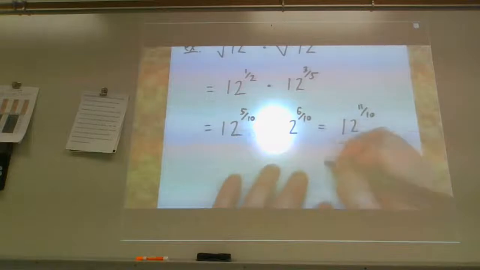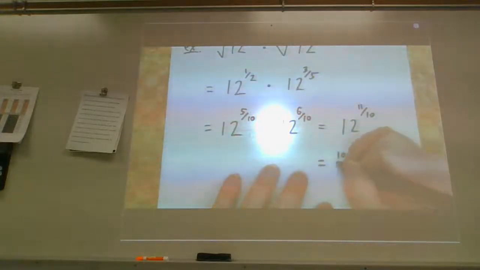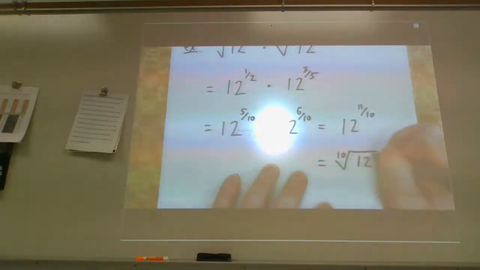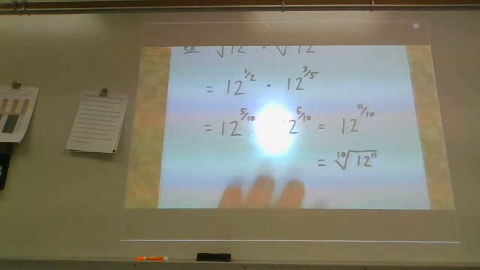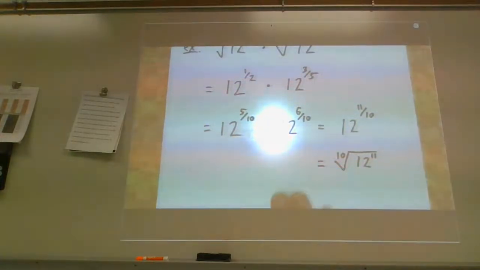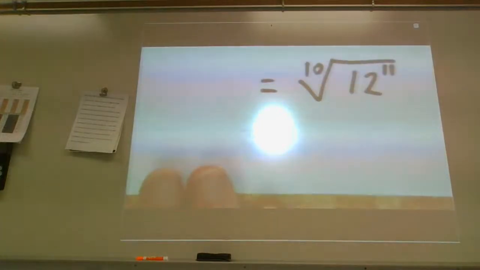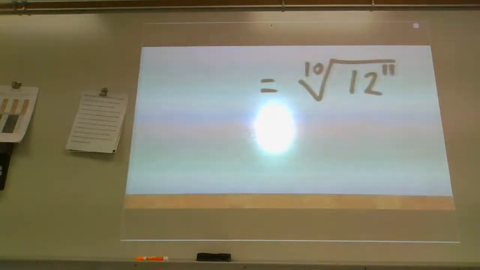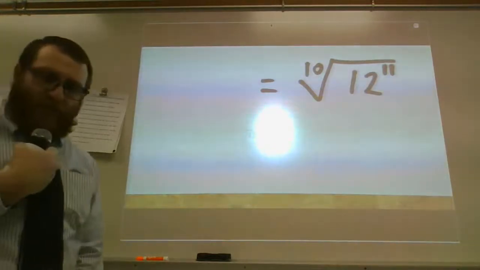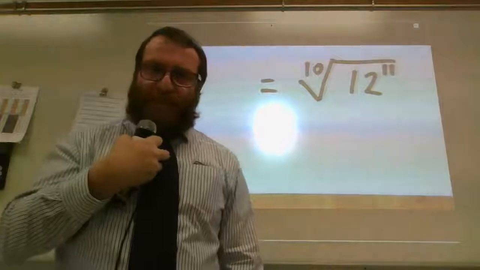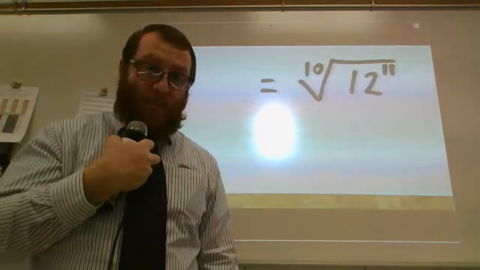Let's convert it back to radical form. Power over root. This should be a 10th root of 12 to the 11th power. I'm going to zoom in on that, actually. A 10th root of 12 to the 11th power. How do I know I'm not done? Well, how does one escape a 10th root? To escape a 10th root, you need to have a 10th power.